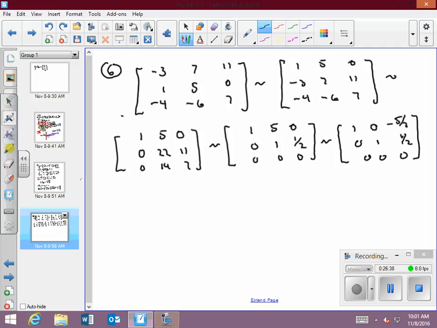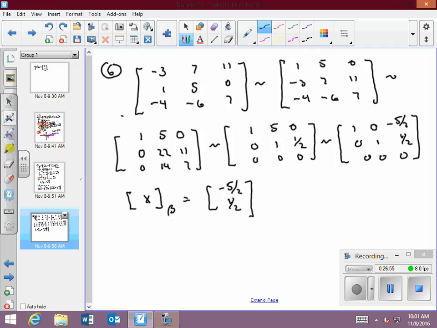So now my x beta is negative 1, 5 halves, and 1 half.